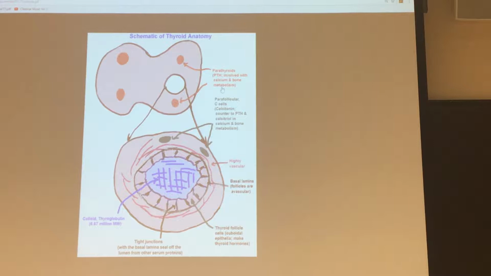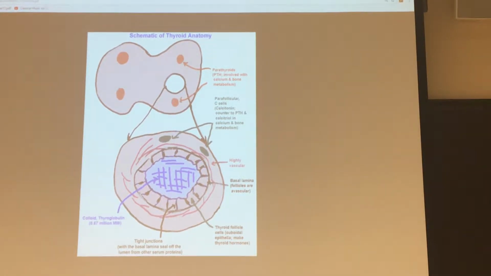And that's where PTH is coming from. You're going to hear about that in about a week and a half. Parafollicular cells, or C cells, the ones that make calcitonin, also involved in calcium metabolism, are embedded sporadically in the thyroid stroma or background tissue outside of these follicles.